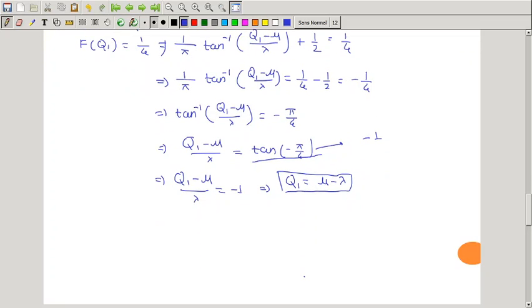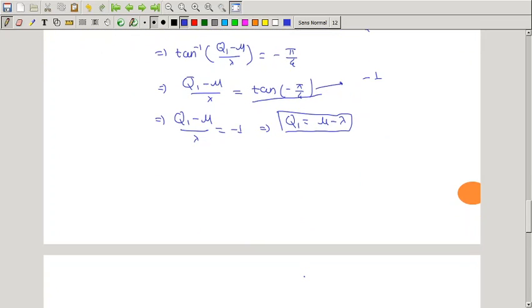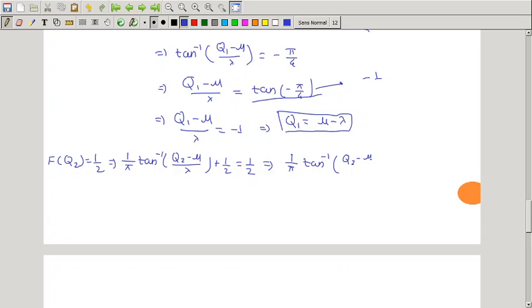Now similarly we will find the second quartile. For the second quartile, F of q2 is equal to 1 by 2, or we can write it as 1 upon pi tan inverse of q2 minus mu upon lambda plus 1 by 2 is equal to 1 by 2. This 1 by 2 goes to the right hand side, so we get 1 upon pi tan inverse of q2 minus mu upon lambda is equal to 1 by 2 minus 1 by 2 is 0.